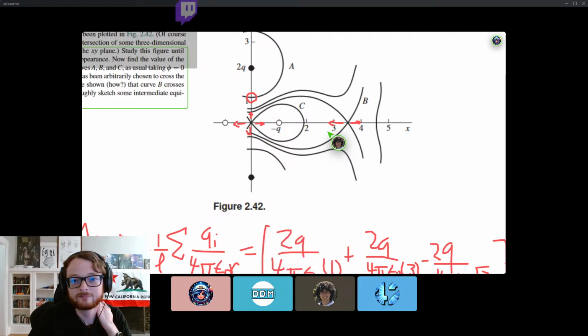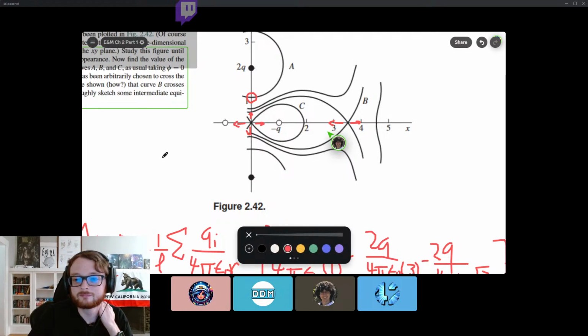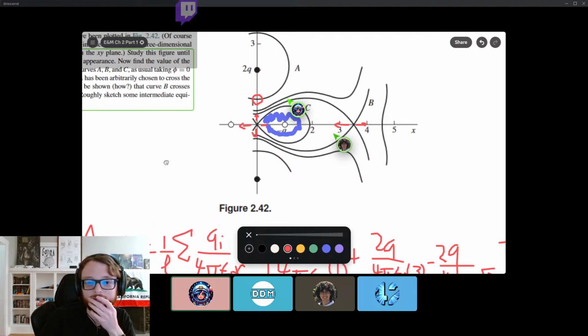Yeah. This area, I'll point at it, inside the area. But I'm not sure.